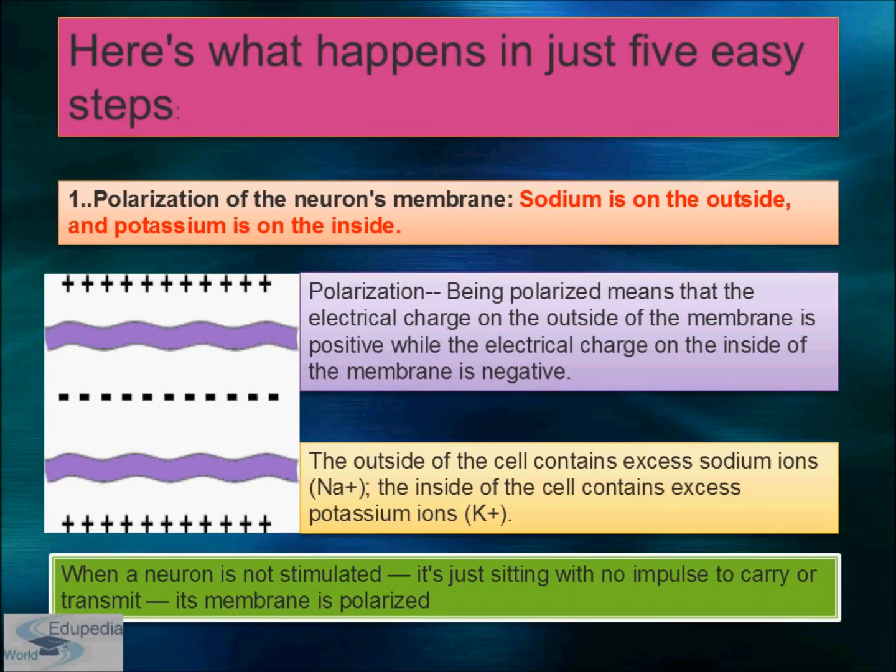When a neuron is not stimulated, it's just sitting with no impulse to carry or transmit, then its membrane is polarized. That means the neuron is in the resting position, not stimulated by any electrical stimuli.